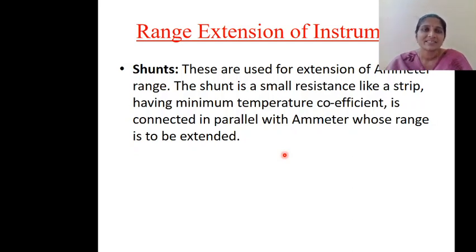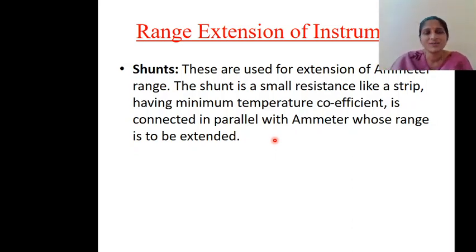For an ammeter, whenever you want to extend the range, you use shunts. So what are shunts? Shunts are used for extension of ammeter range. The shunt is a small resistance, like a strip having minimum temperature coefficient, and is connected in parallel with the ammeter whose range is to be extended.